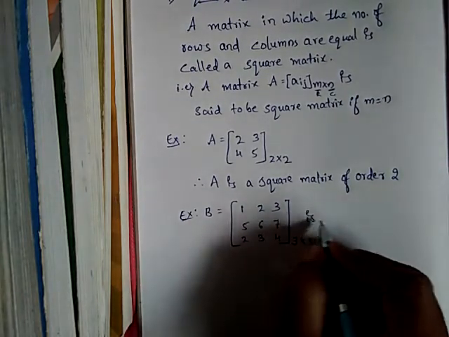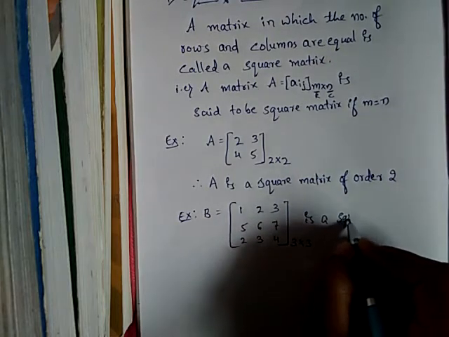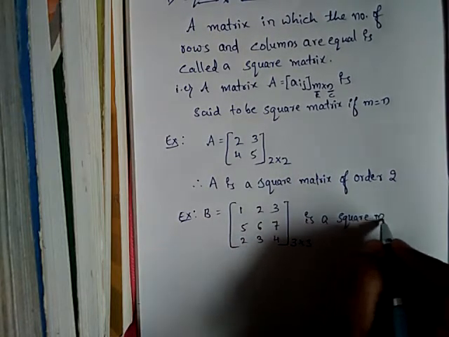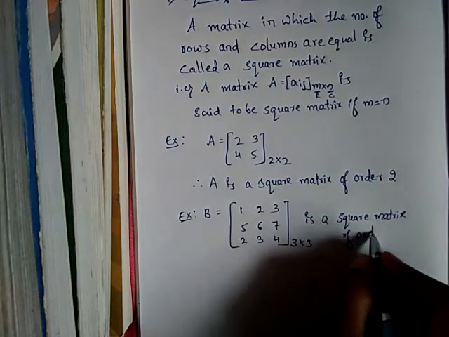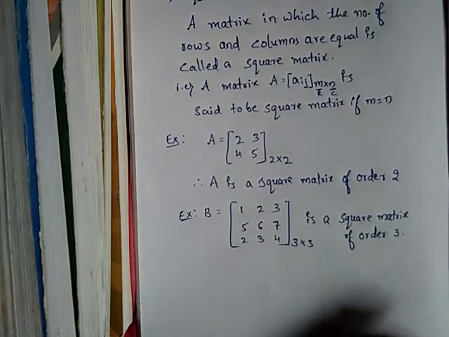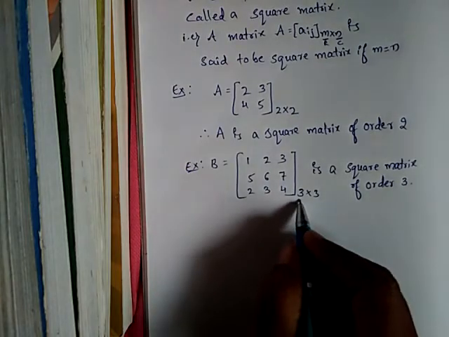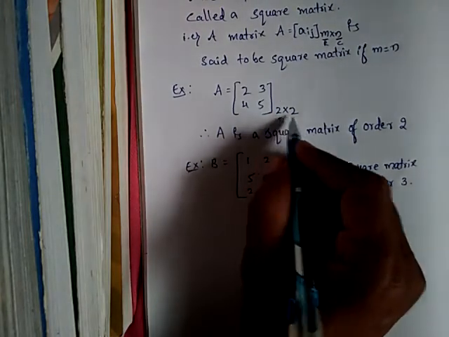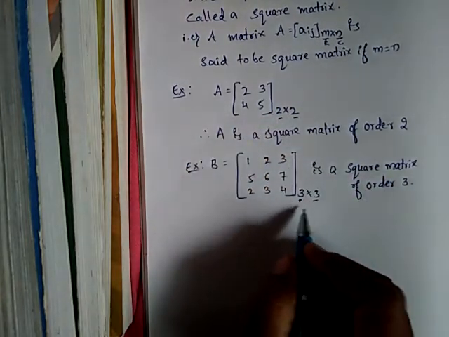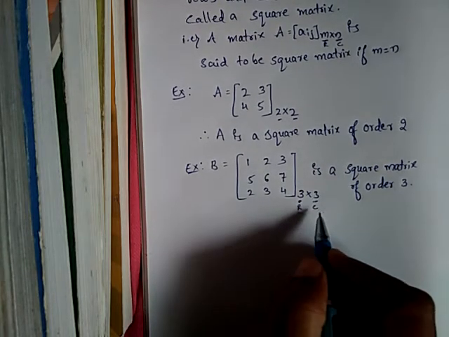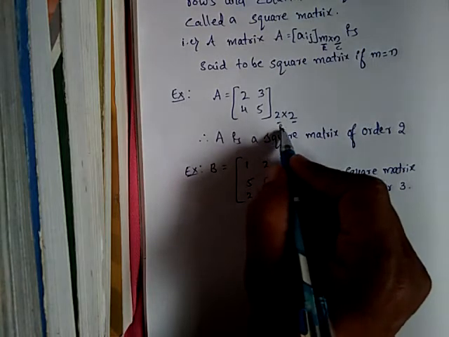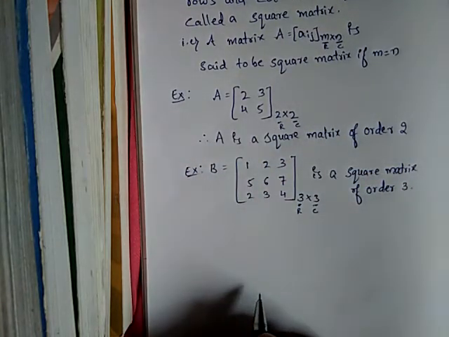So B is a square matrix of order 3, you can write. So this is how here number of rows and columns are equal. Here 2 by 2, here 3 by 3. Here 3 rows and 3 columns are there, here also 2 rows and 2 columns are there. So like that you can define the square matrix.